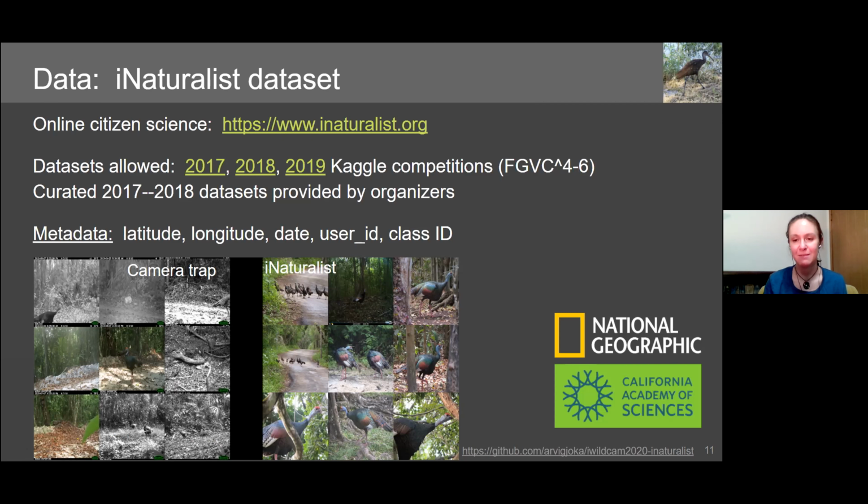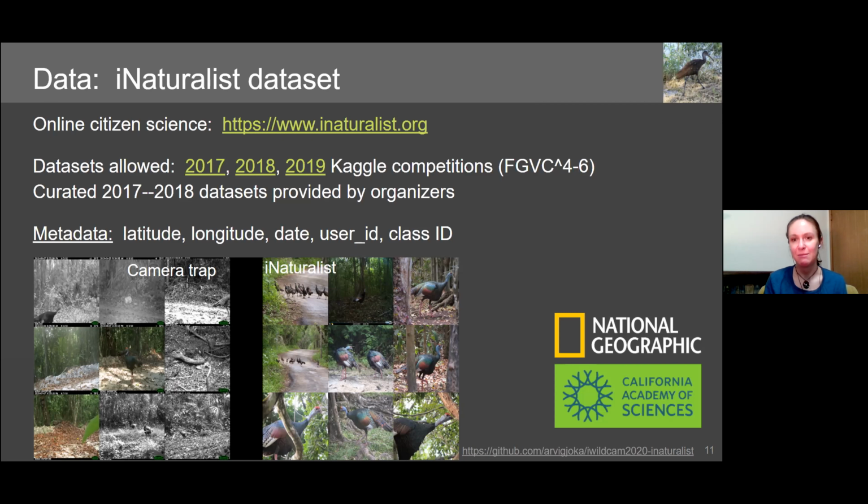So they had some data sets already, because at the same conference and the same workshop, they had run Kaggle competitions on iNaturalist in 2017, 18, and 19. So the organizers of this competition curated the 2017 and 2018 data sets to include only the species that were seen in the camera trap data.